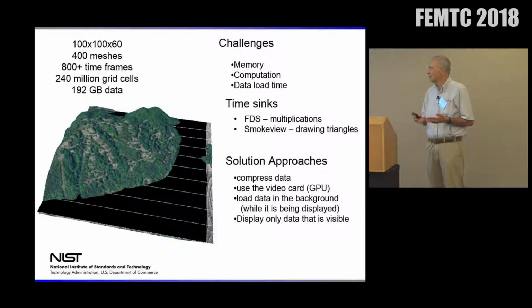And it's sort of obvious in hindsight, but in the case of smoke, if there's no smoke in a mesh, don't draw it. In FDS, we output all the data for all the meshes, but in a number of meshes the smoke is transparent. There is no smoke, so don't draw it.